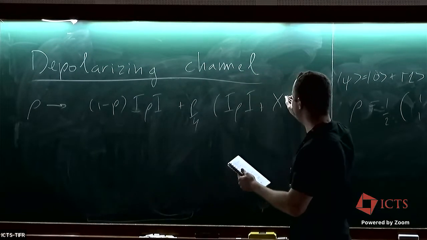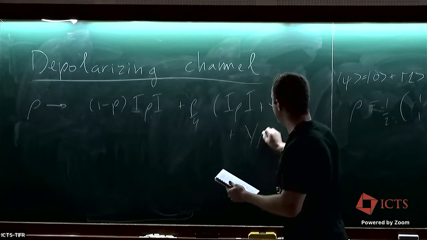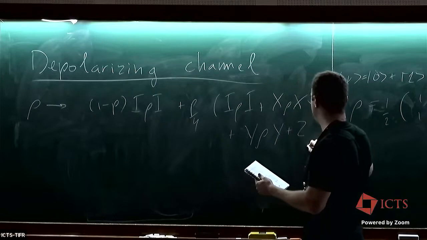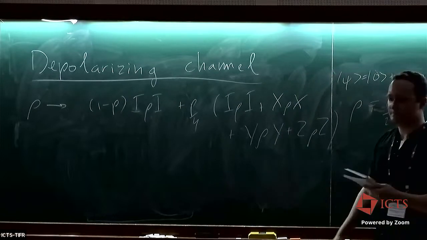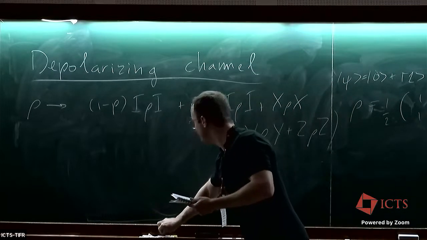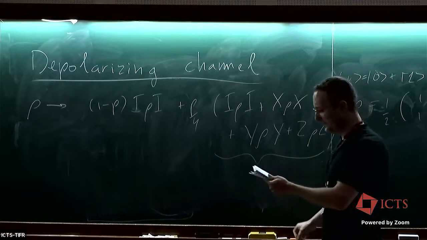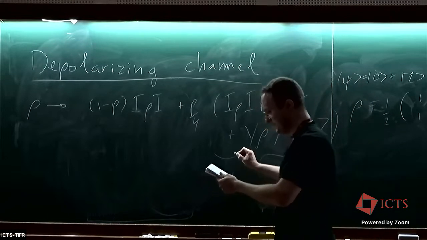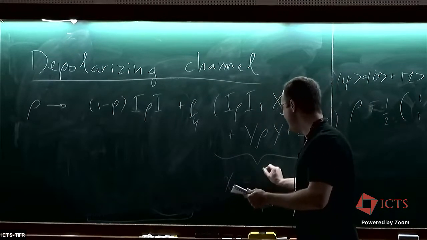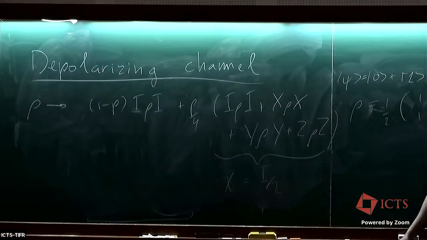So I rho I plus X rho X plus Y rho Y plus Z rho Z. And your first homework will be to prove that you can write this as a density matrix chi, and this chi is equal to I over 2. It's the identity density matrix.